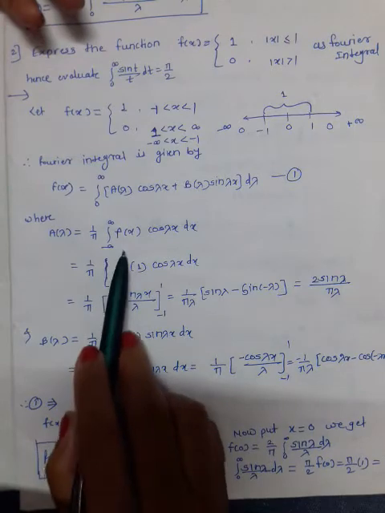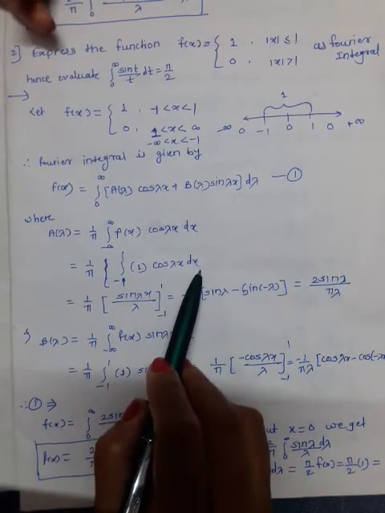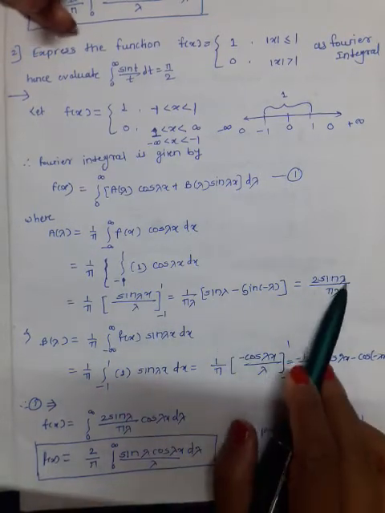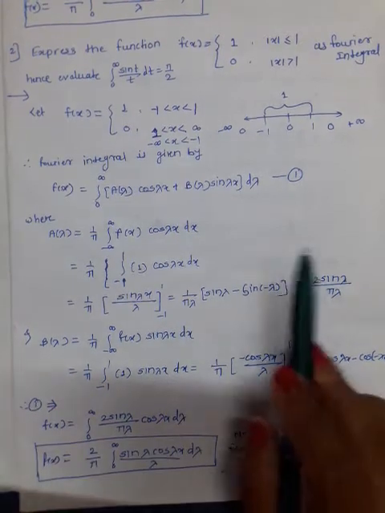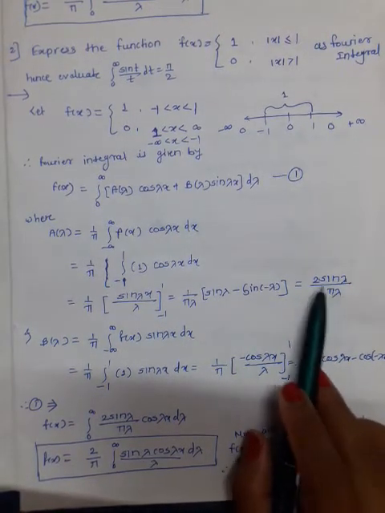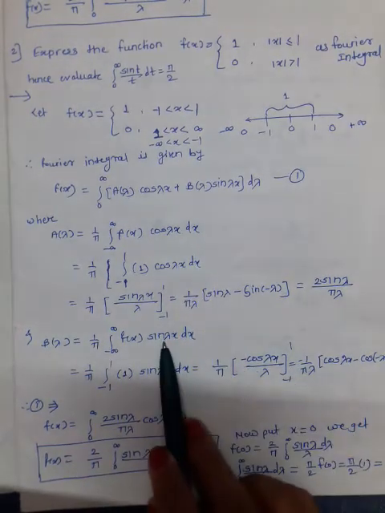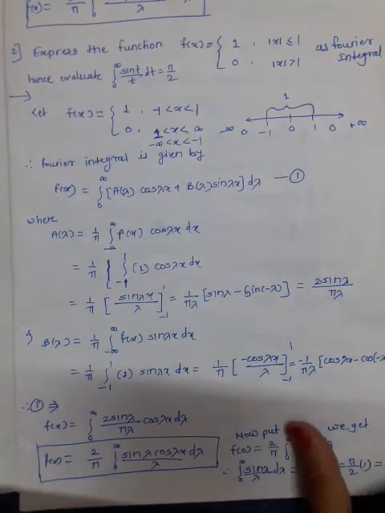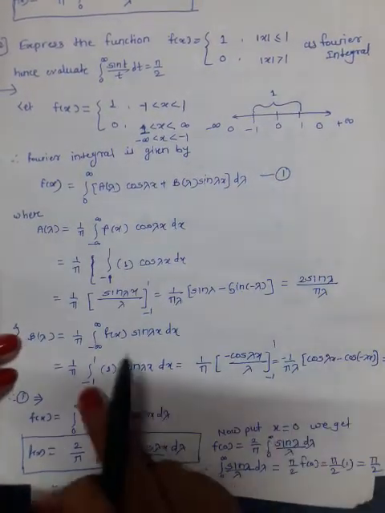That's why from minus 1 to 1, the f(x) value is 1, cos lambda x dx. Earlier we solved this integration and got the answer 2 sin lambda upon pi lambda. This is the same integration as the earlier example, and this is the answer for a lambda. For b lambda, just replace cos by sin here, with the rest of the terms as it is. The answer for this is 0. Just check this.